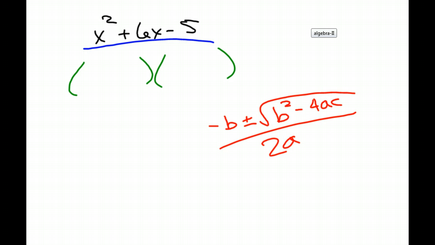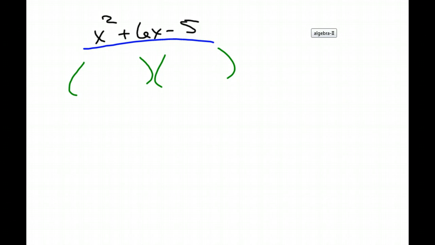Okay. So if you can't factor it the simple way into 2 binomials, the quadratic formula and completing the square always work. It takes a little more time, but if you need to factor it, you can always use that method. But we want to try factoring into 2 binomials first, because again, it's the easiest.